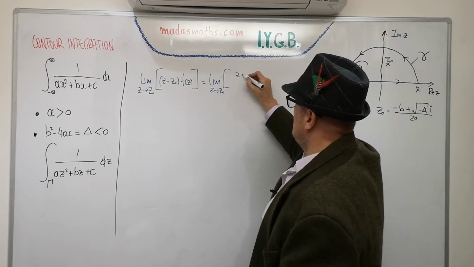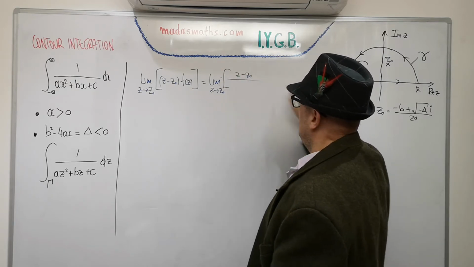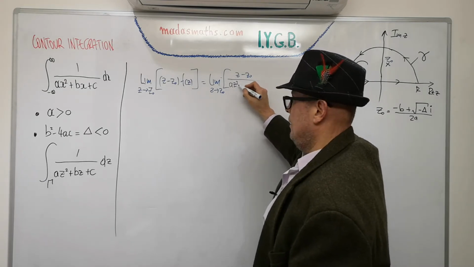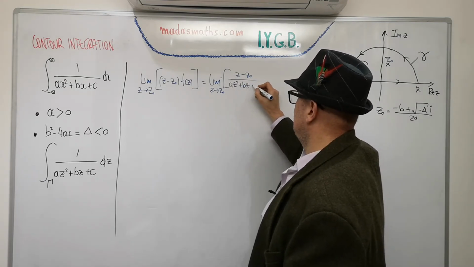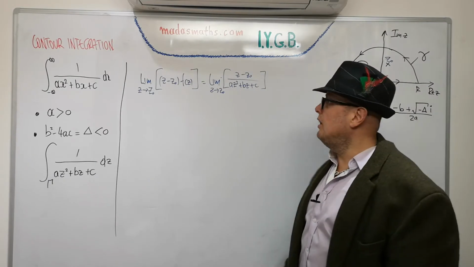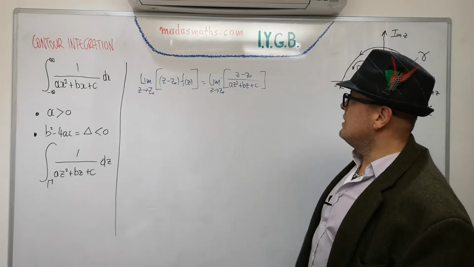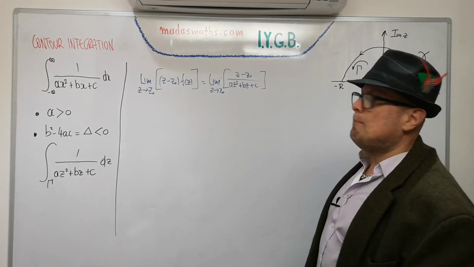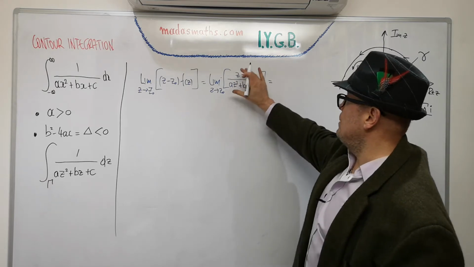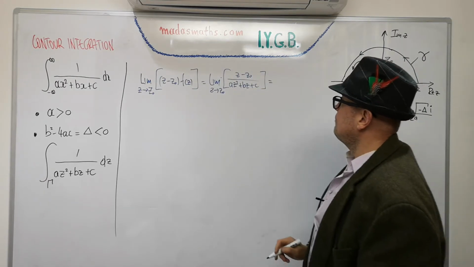And I can put z minus z0 on the numerator, and on the denominator I've got z squared plus bz plus c. I can factorize this and cancel the z minus z0, but of course this is a 0 over 0 limit, so probably by L'Hopital's rule. I'm not writing it down, I'm just going to actually do it. So I'm using L'Hopital's from there to there.